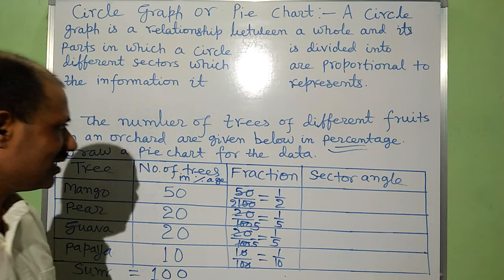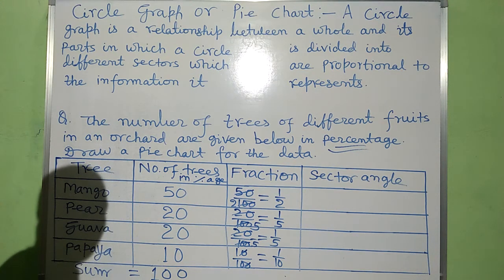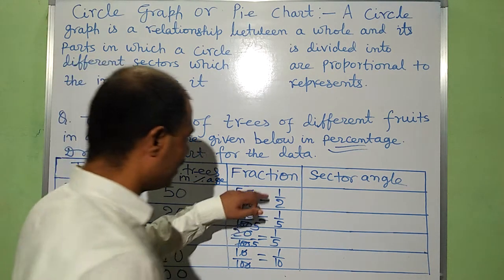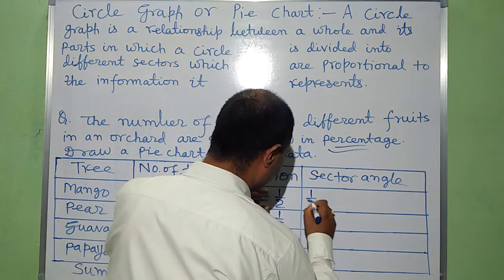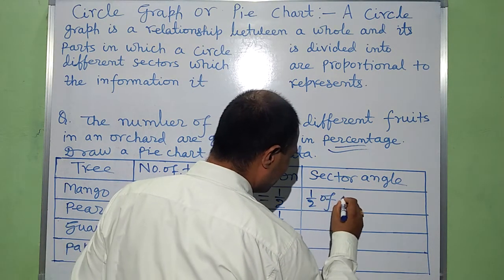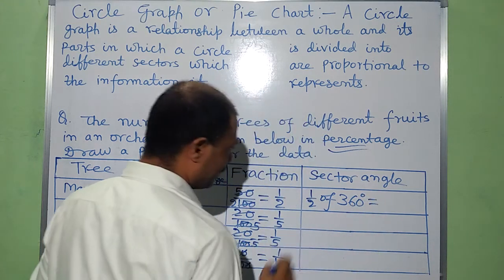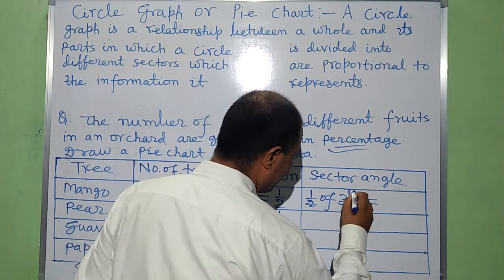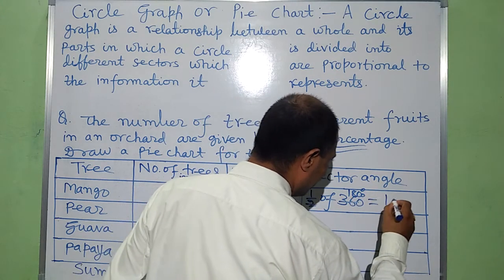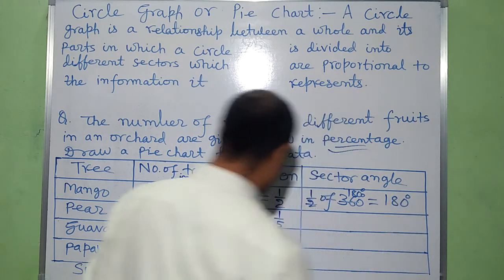This angle of 360 degrees will be divided into different parts whose fractions are given here. 1 by 2 of 360 degrees is 180 degrees. This part will be 180 degrees.